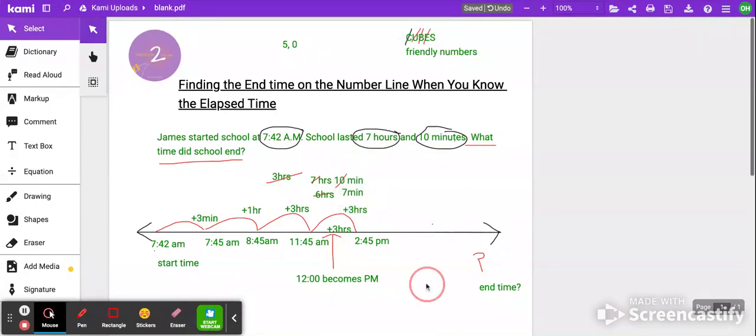Okay, so we're now at 7 minutes. So that means I still need to add on some more minutes because I started at 10 minutes and I only added 3 minutes. And if you think about it, if you have 7 minutes remaining, I could add 7 minutes onto 2:45, but that might be a little tricky.